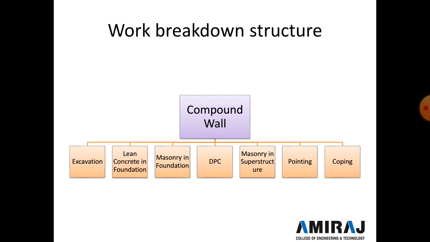And then after that a DPC, we construct a 2.5 centimeter thick DPC, and then masonry in the superstructure. After completion of the masonry superstructure, pointing is required, and at the last, coping is done at the top of the compound wall.